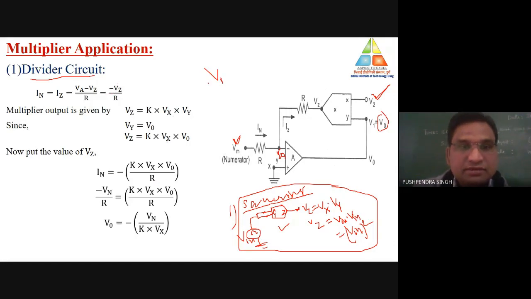Here it is written as Vn, so make it correct. That input is Vn. So what is the value of In? In is equal to Vn minus Va divided by R. That is the value of In.